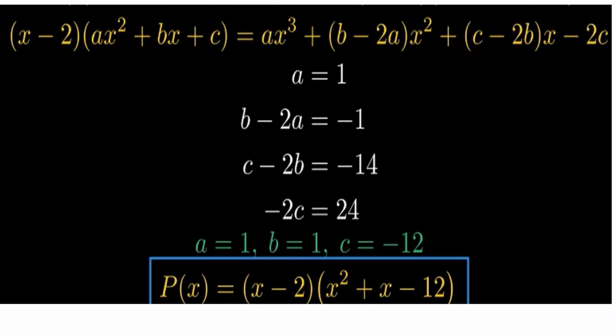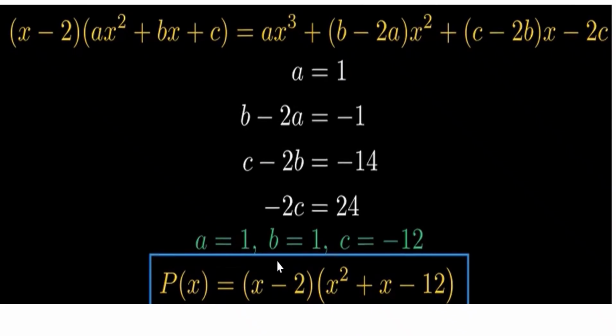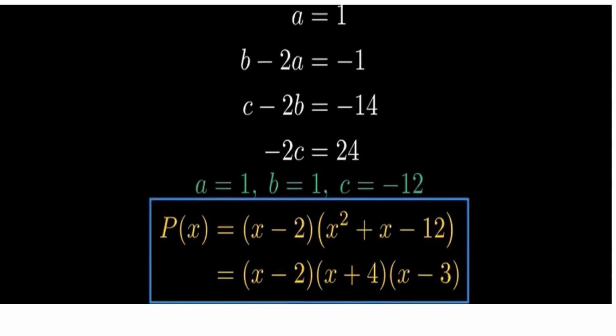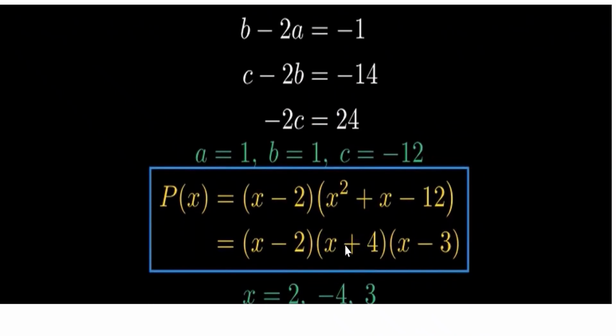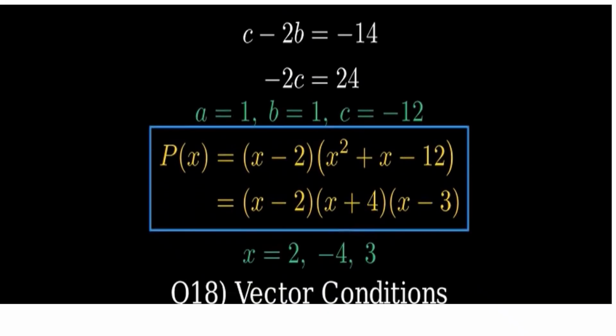On the factorization, we have got a equal 1, b equal also 1, and c equal negative 12, and this is how P(x) will be looking like. When you factorize it, we'll be getting this. You can also take x plus 4 and multiply with x negative 3, so you can get the original one that we got.